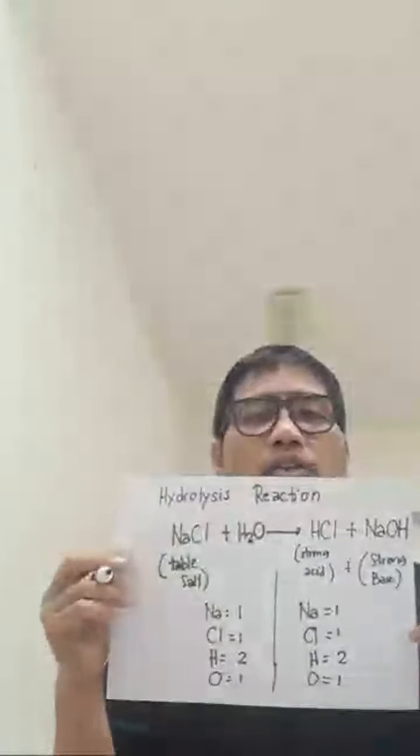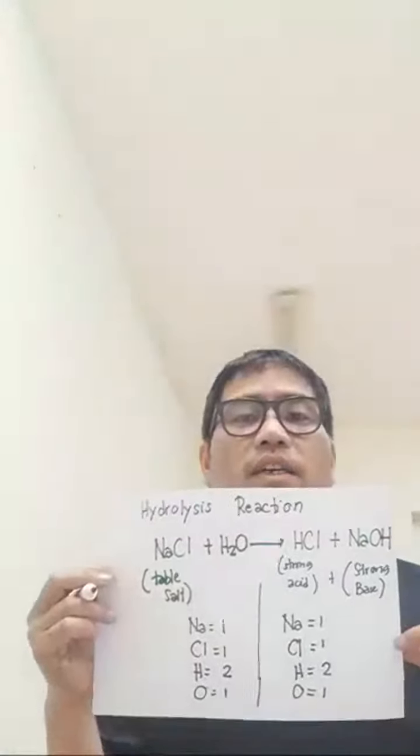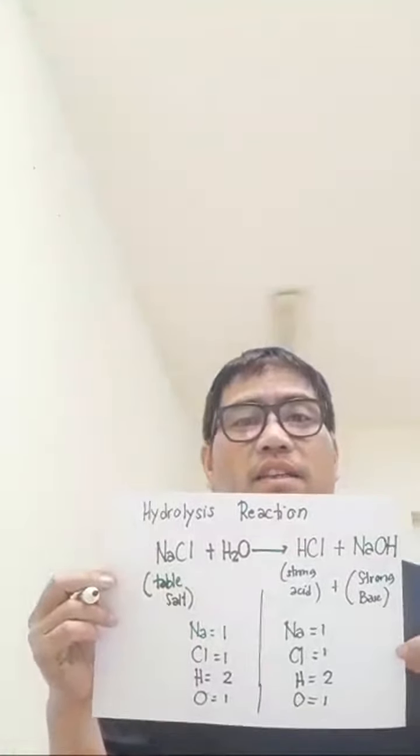Sodium 1, sodium 1, chlorine 1, chlorine 1, hydrogen 2, hydrogen 2, oxygen 1, and oxygen 1. So we balance the chemical reaction. Actually, this is balanced. Sorry for that. I thought it was not balanced.